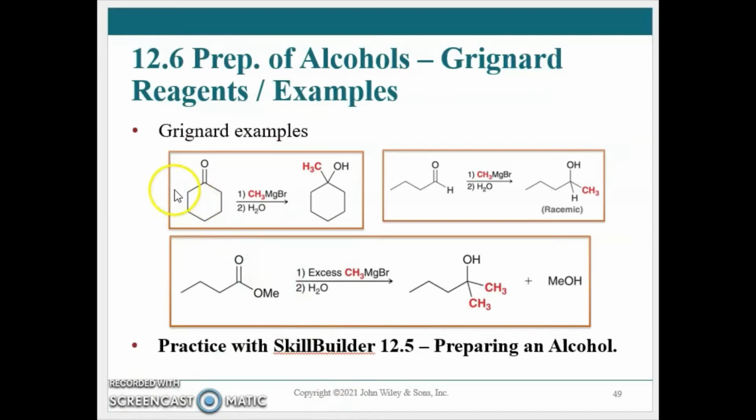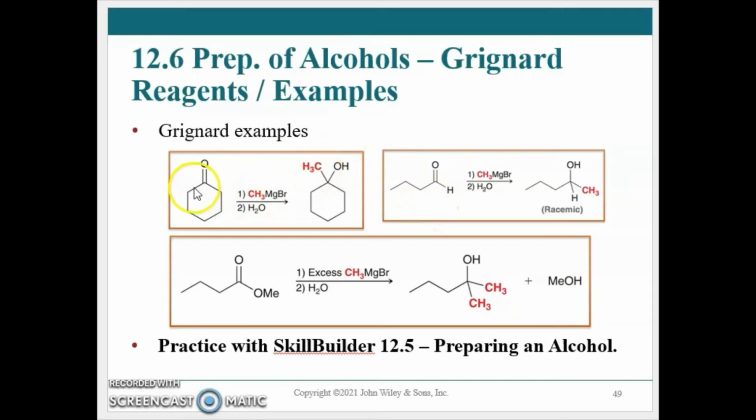Now, what's shown here are three different examples of a Grignard reaction product. So in the first, we have cyclohexanone reacting with methyl magnesium bromide, and we add the carbanion at the carbonyl carbon, forming the methyl group and the oxygen of the carbonyl converting to become the alcohol.